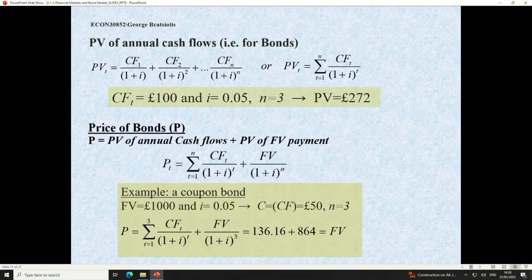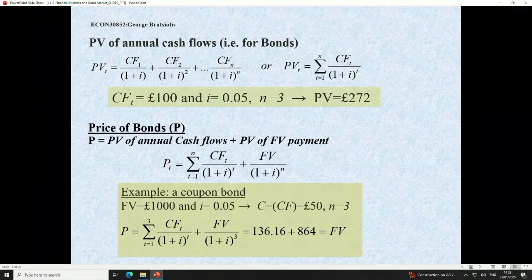Now, let me just tell you how you work out the price of a bond. Because sometimes present value is one thing, but is the price of a bond a different thing? I will say yes, but not always. So, if you want to work out the price of a bond, then you take exactly what you do here, which is the present value of annual cash flows, and you add the face value.